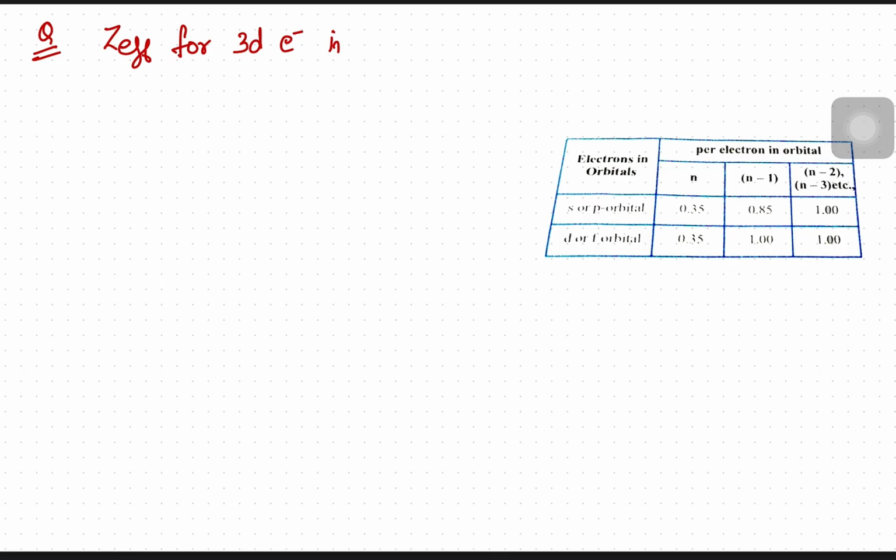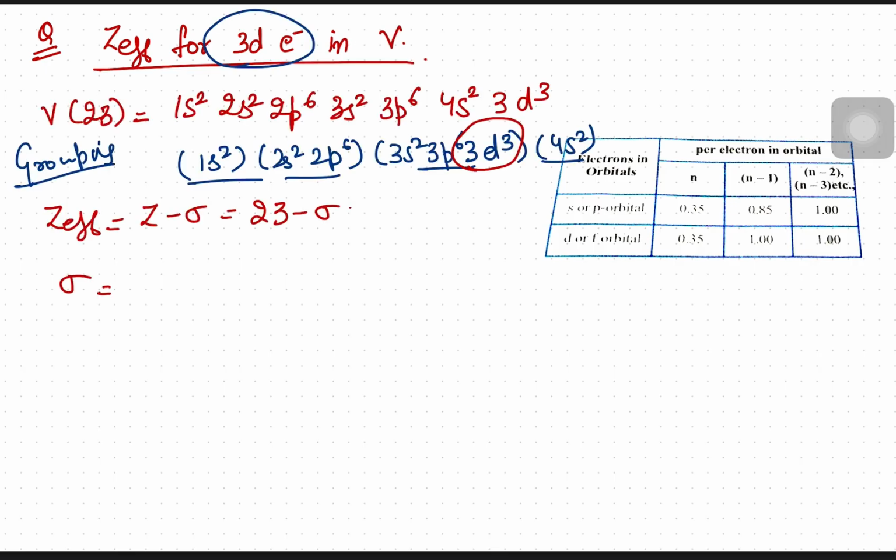Firstly, for calculating the Z effective, we have Z minus sigma. Z is 23 minus sigma. Now to calculate the sigma, the rule is: for the 3d electron, how many are left? 2.